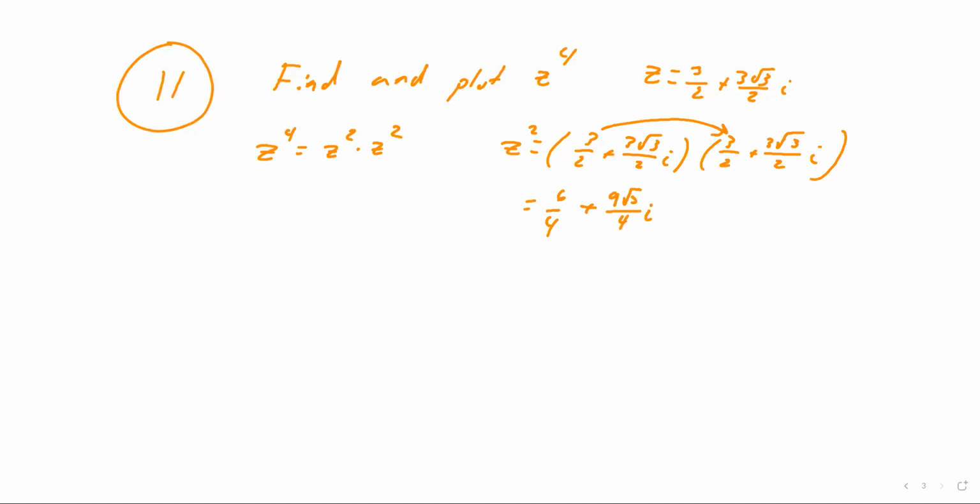Very good. So that was that one there. And then 3 square roots of 3 over 2i times 3 over 2. Same thing. And then 3 square roots of 3 over 2 times 3 square roots of 3 over 2.